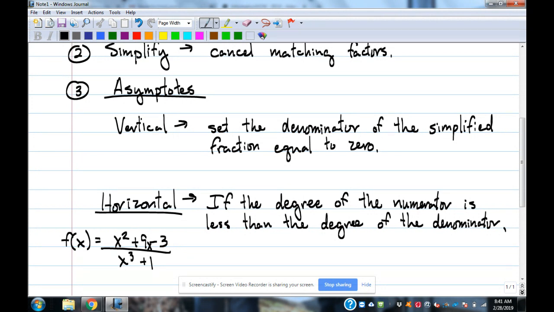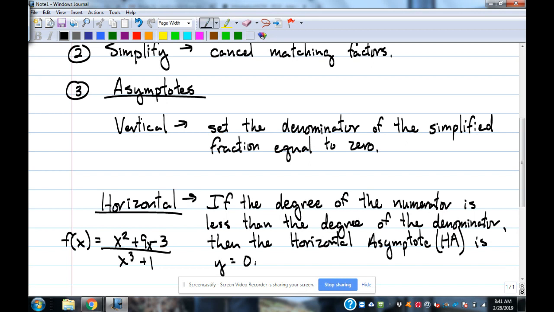If it's x squared over x cubed, or maybe x over x squared, or x to the 4th over x to the 6th, something like that, the top is smaller than the bottom, then your horizontal asymptote, and we'll abbreviate that from here on out as HA, is y equals 0. The degree of the numerator is less than the degree of the denominator.